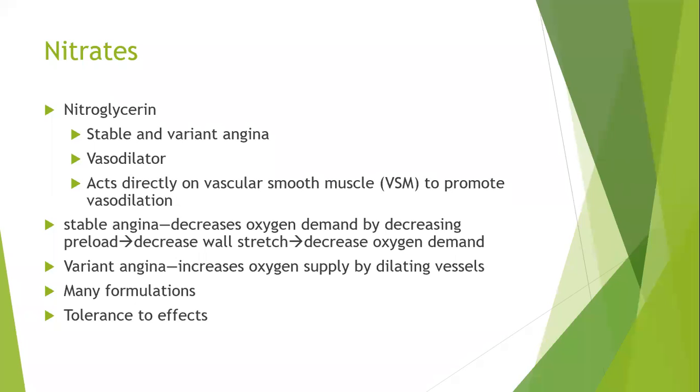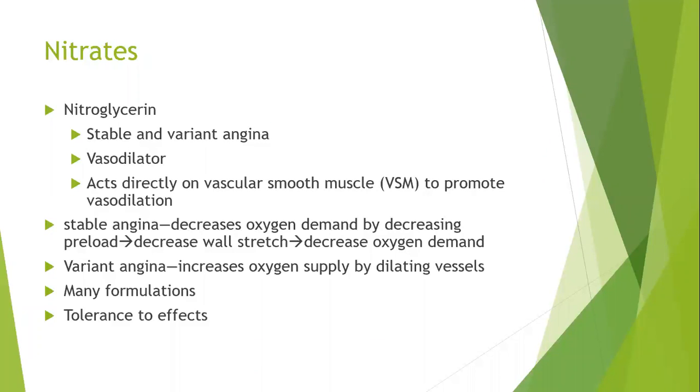So let's look at nitrates. Nitroglycerin is the prototype drug. It's used in stable and variant angina. It's a vasodilator. It acts directly on vascular smooth muscle to promote vasodilation. Its use in stable angina decreases oxygen demand by decreasing preload, thereby making less wall stretch, so there's less pushing, more or less ejection that needs to happen to get the blood out.